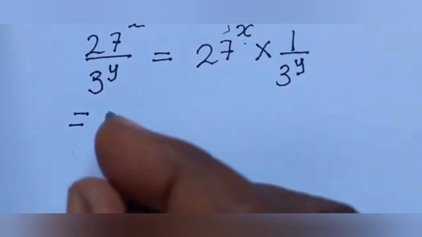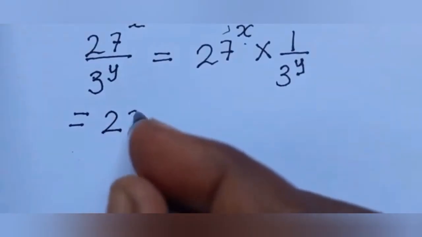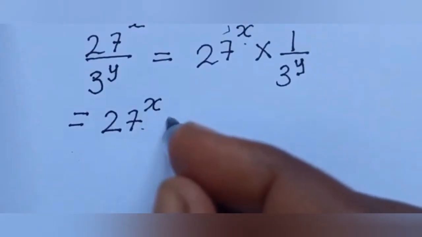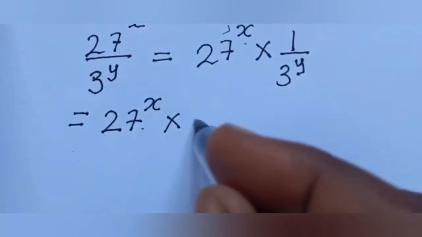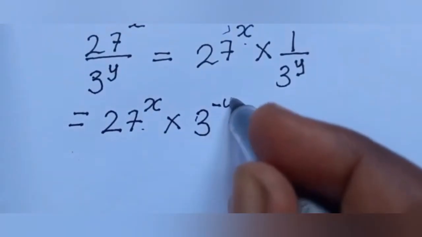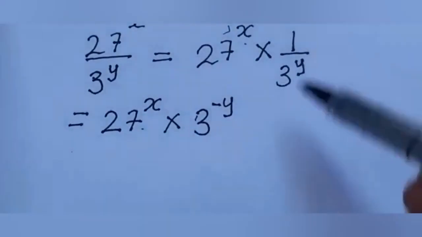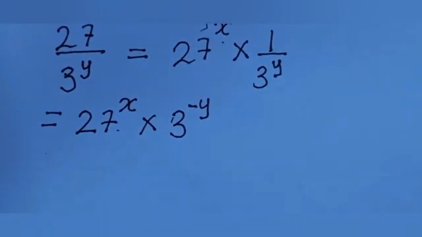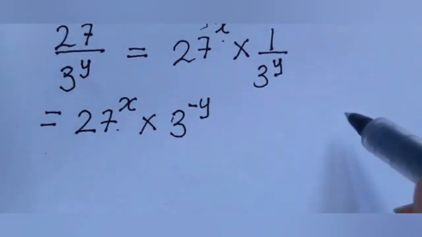We have 27 raised to power x times 3 raised to power negative y. Here we use the law of exponents, which is the negative exponent law.